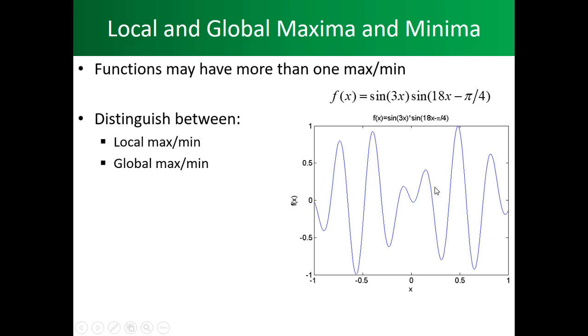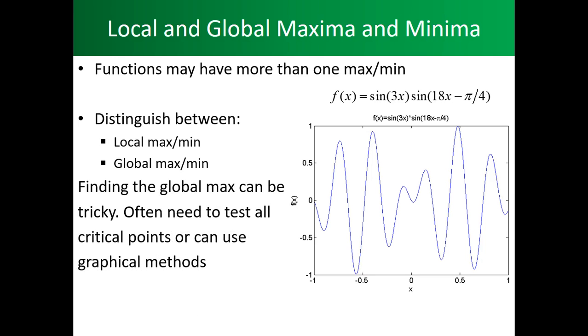The distinction between local and global maxima and minima is our main concern. With this one, this would be our global, and the others would be local. Finding the global maximum can be tricky. Often we need to test all the critical points, or we can use a graphical method, as we can see here.